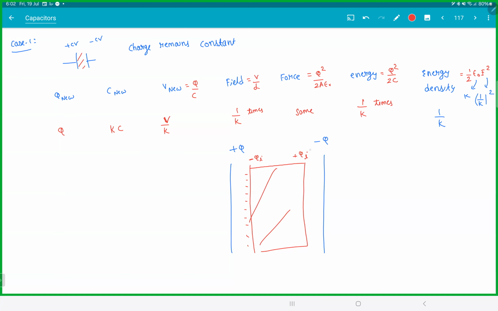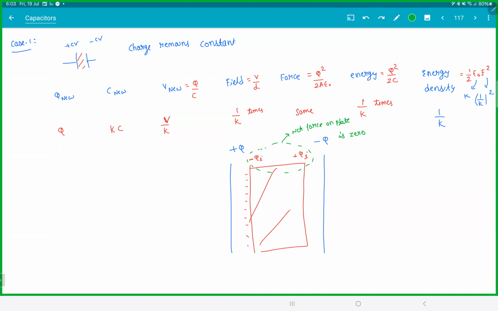This is plus Q induced. These two, if you see, net force on the plate is 0 due to these two. Minus Q induced will attract and plus Q induced will repel. So the dielectric slab will not exert any force on the plates. Are you getting it? The only thing left is this minus Q attracting this plus Q.